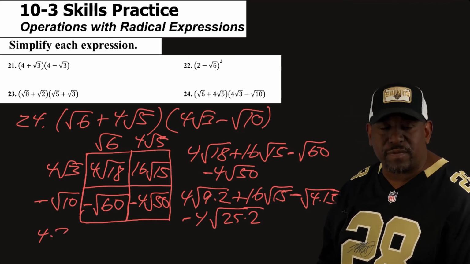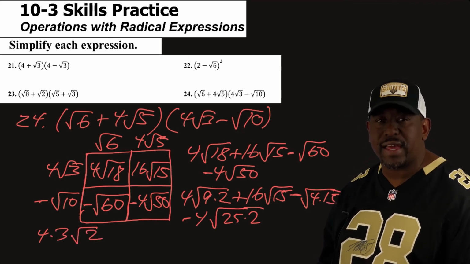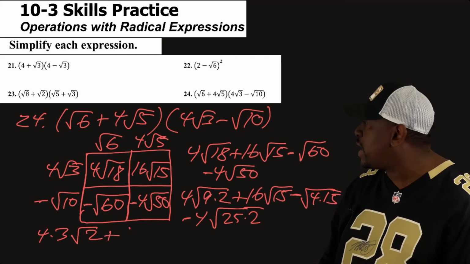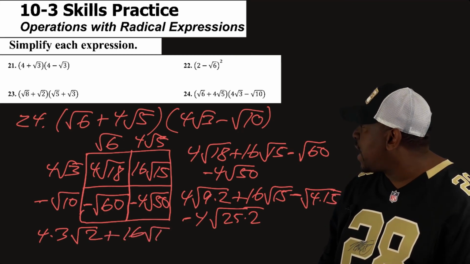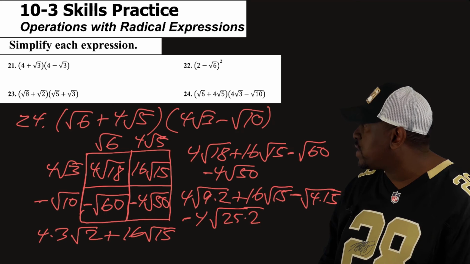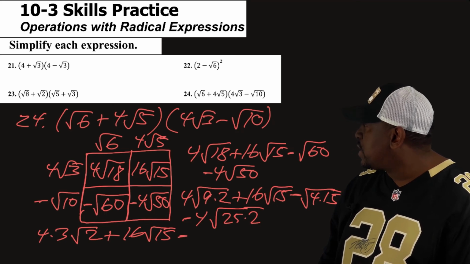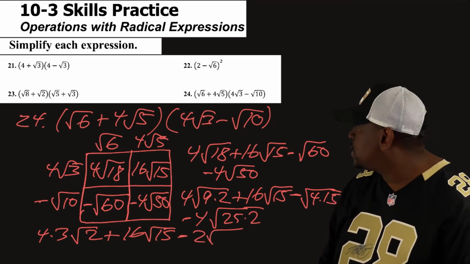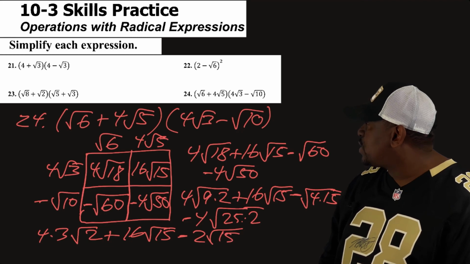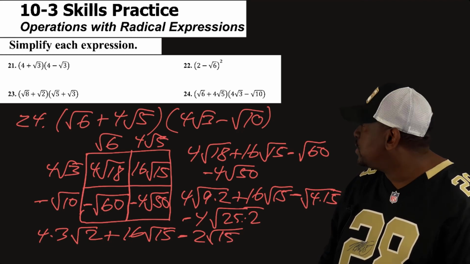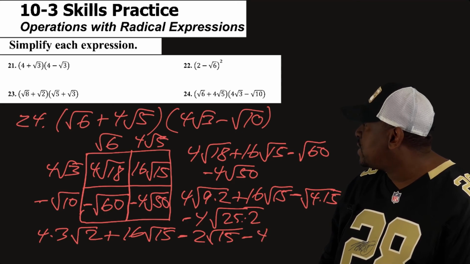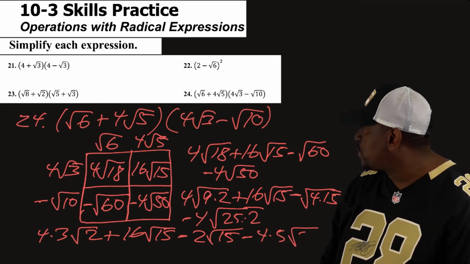So now we simplify the radicals. We break down the factors into separate radicals. The square root of 9 is 3, so we have 4 times 3 times the square root of 2, plus 16 times the square root of 15, minus 2 times the square root of 15. Then we'll have minus 4 times 5 times the square root of 2.